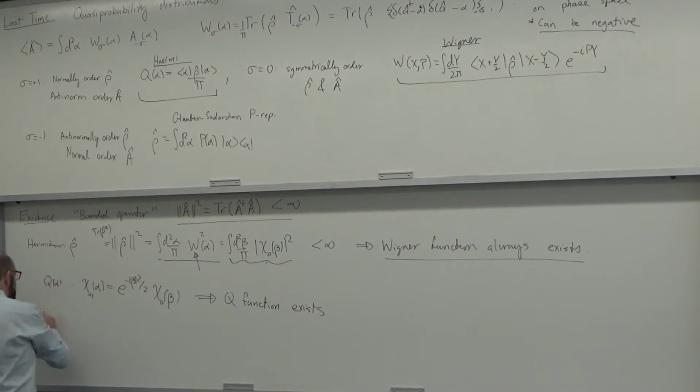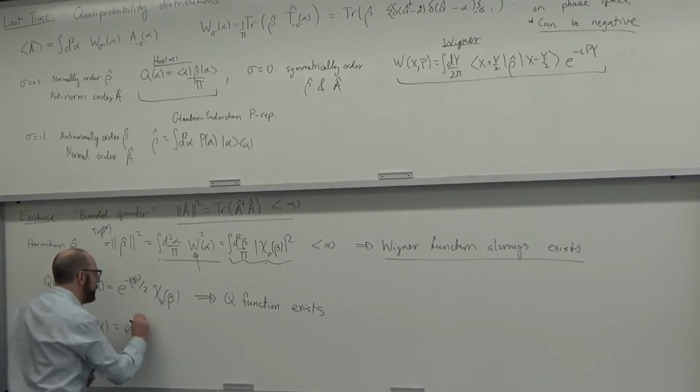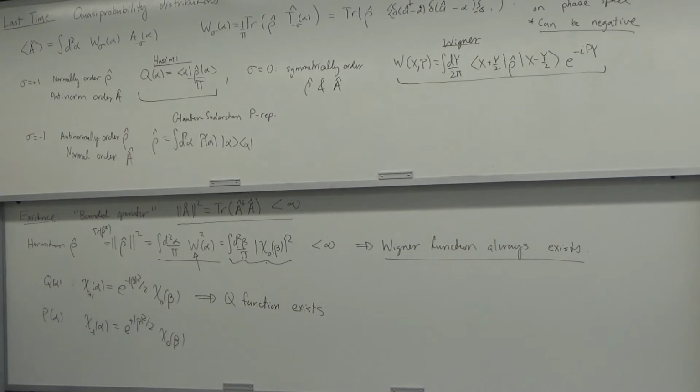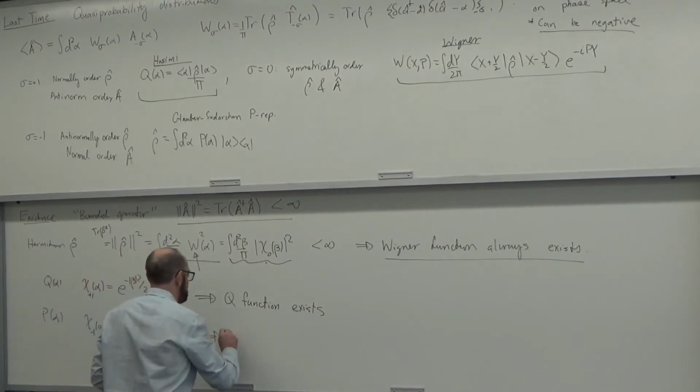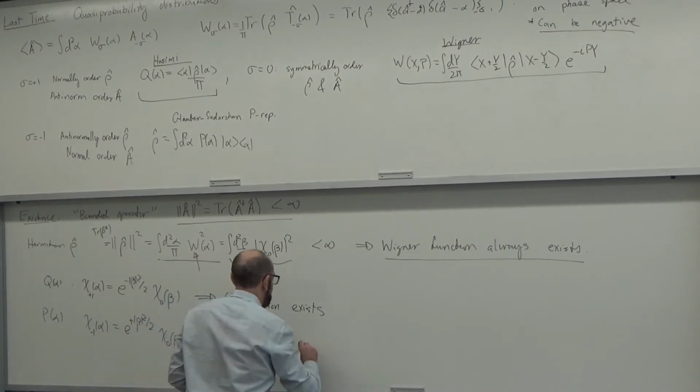But the P function, which is related to the anti-normally ordered representation, has this blowing up exponential. So this thing is not always guaranteed to be square normalizable. So the P function may not exist.